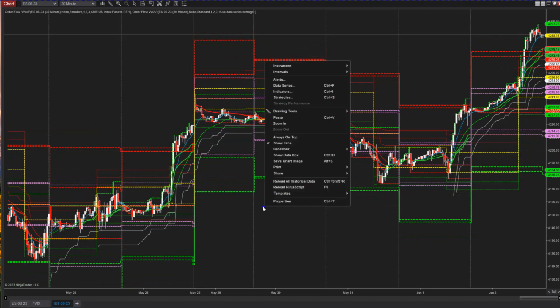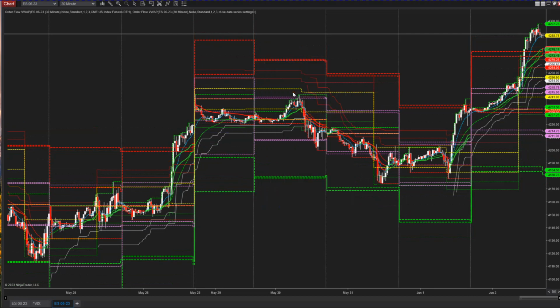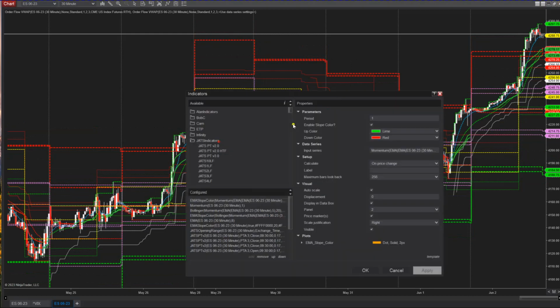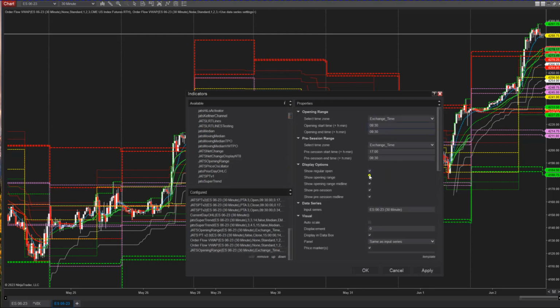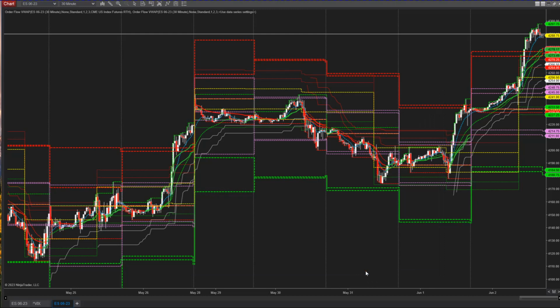Okay, so I'm going to add the opening range indicator, and I can show the pre-session too. Taking a minute to populate the indicator.